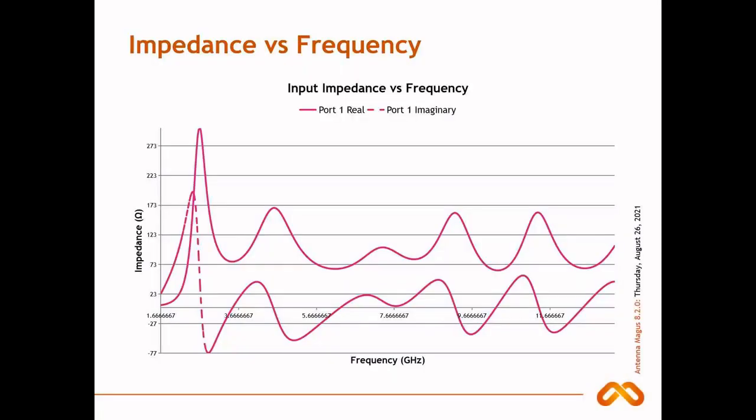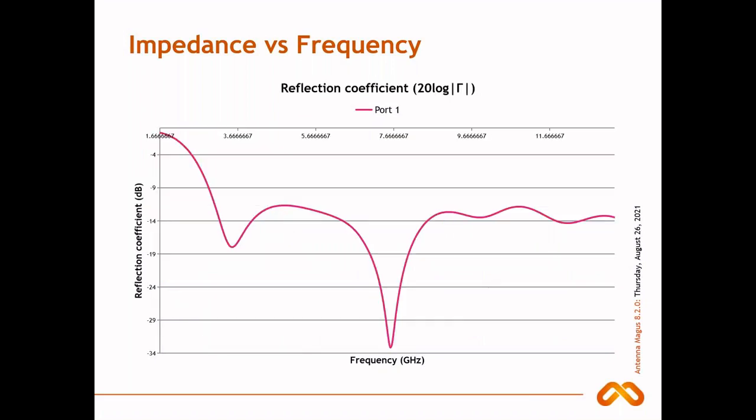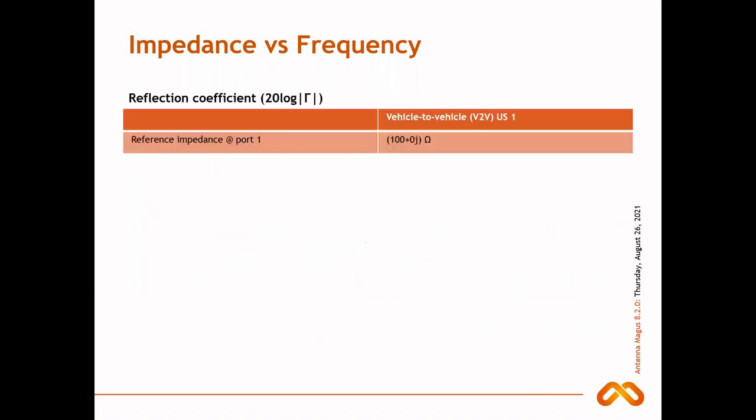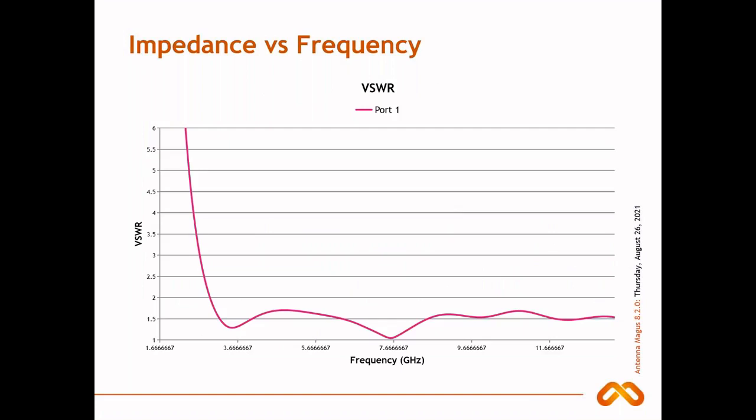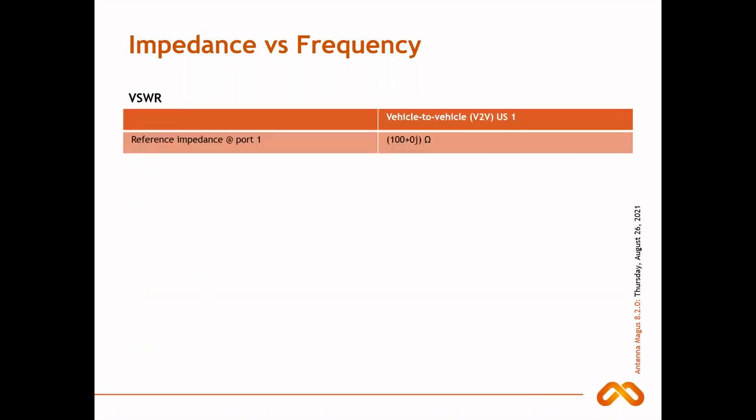Estimated performance characteristics. This is impedance chart. You can directly cut it and we can use reflection coefficient plot and VSWR plot. Input impedance Smith chart.